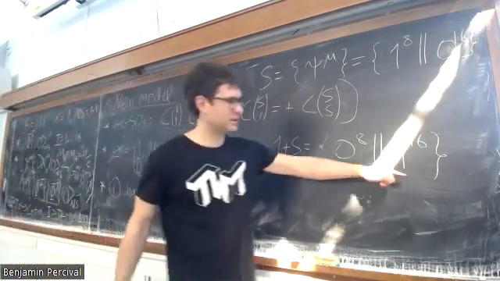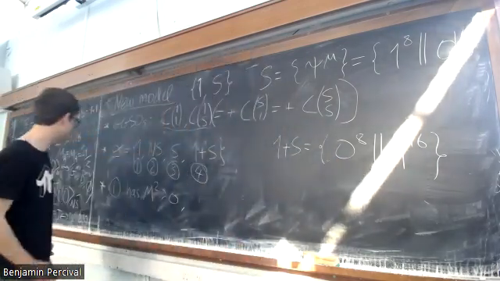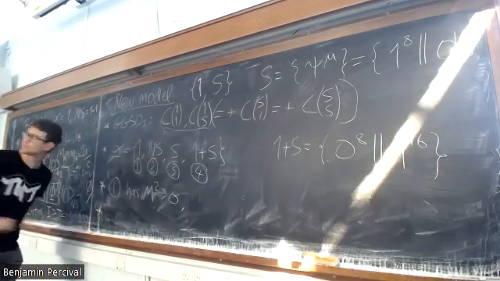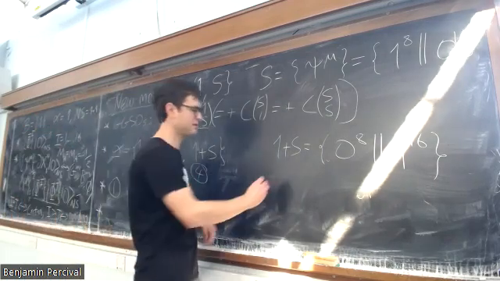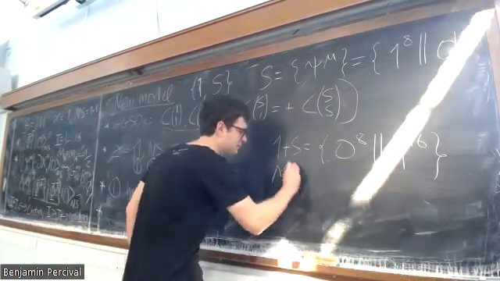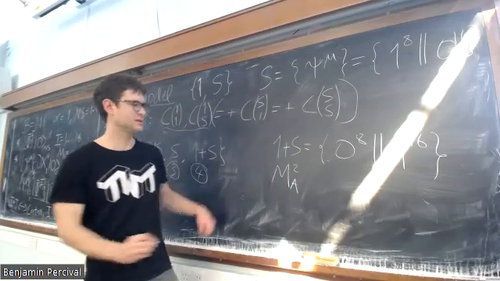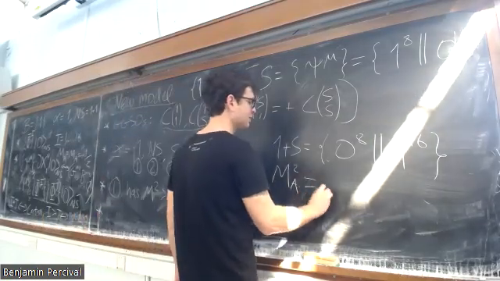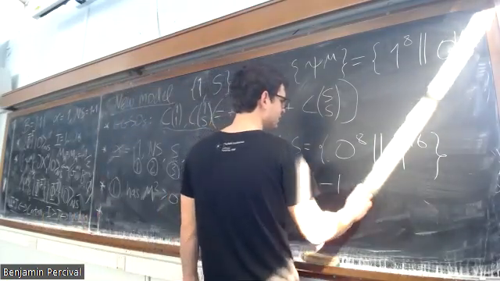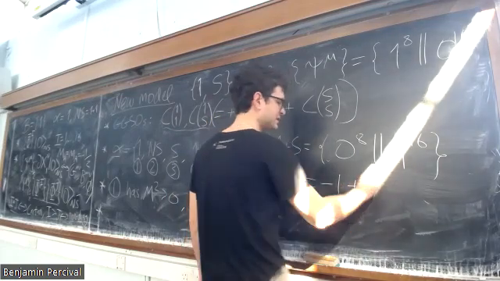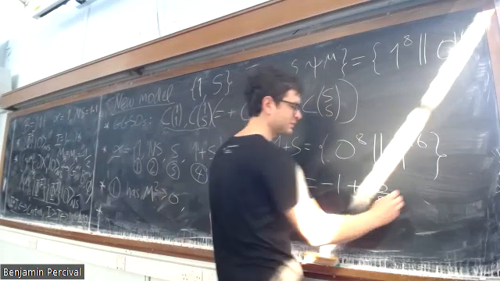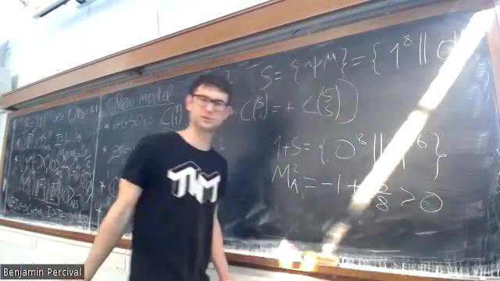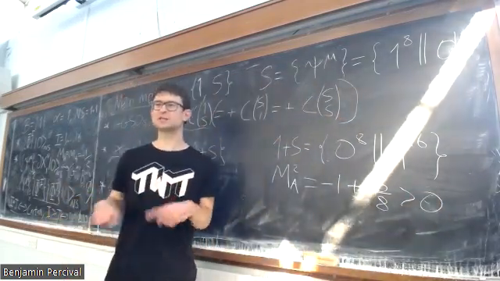And this is going to be on the, so if we look at the anti-holomorphic mass, this is going to be minus 1 plus 16 over 8. So it's greater than 0. So if you want a level match state, it's going to be massive.